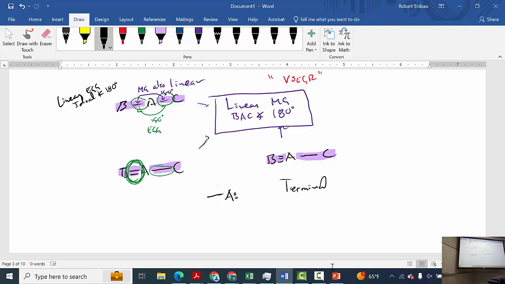It'd still be linear, but what is this MG? And then what we say is this is a terminal atom. All terminal atoms are linear.